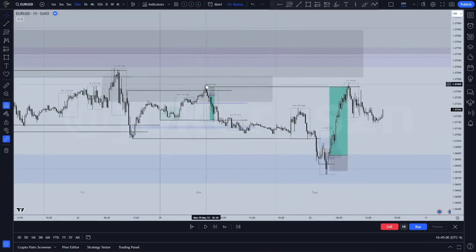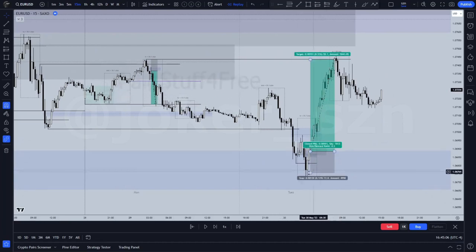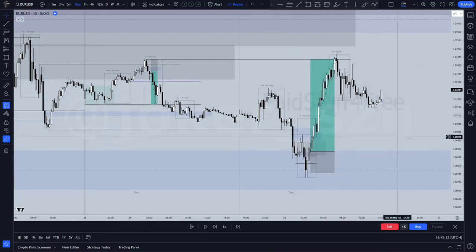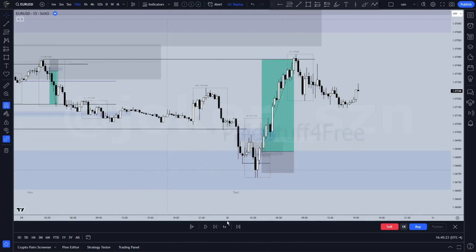We had the buy side here of the Asian highs and the Monday highs, and we also had a higher time frame level, which was this volume imbalance, and then we had the shift in order flow on the M5, and then as well on the M15. So you could have entered here twice, right? You could have entered on the M5 shift in order flow, and then again on the M15 shift in order flow, right? And then we had our first TP, the Asian highs, and then the second TP, the Monday highs.